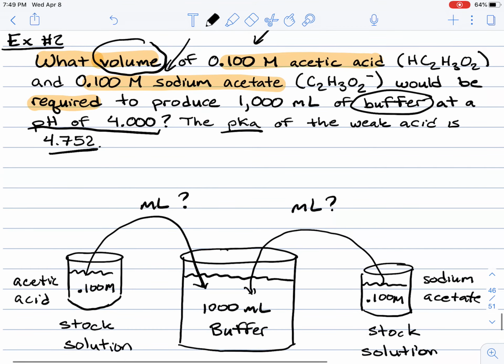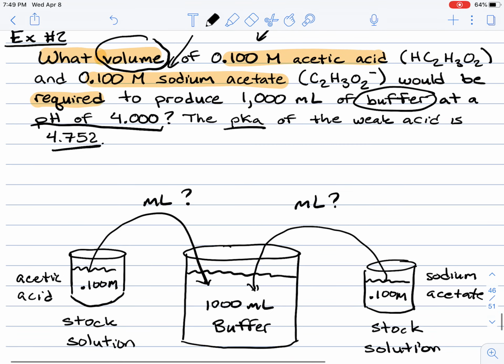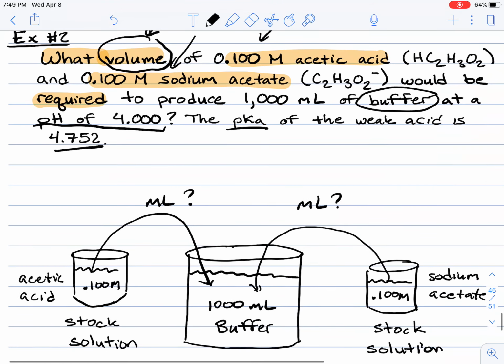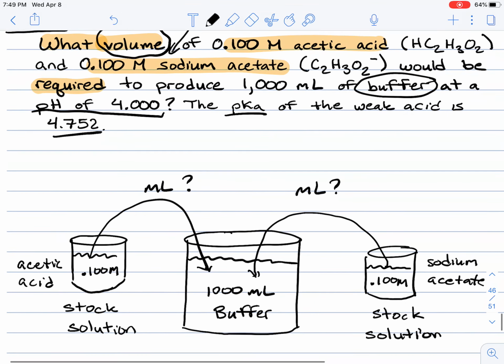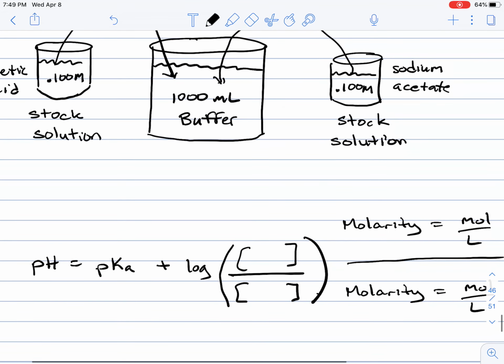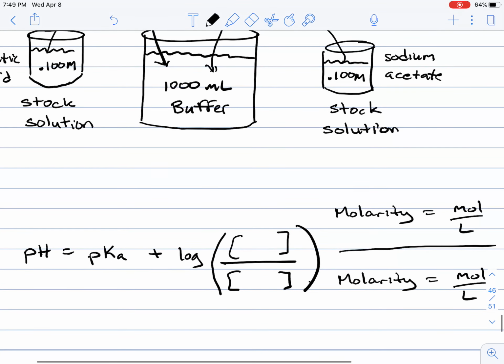We're going to see what part of the equation we can use to determine how much volume of substance we need to make this 1,000 milliliter buffer. The Henderson-Hasselbalch equation is equal to the pKa plus the log of typically the conjugate base over the weak acid.